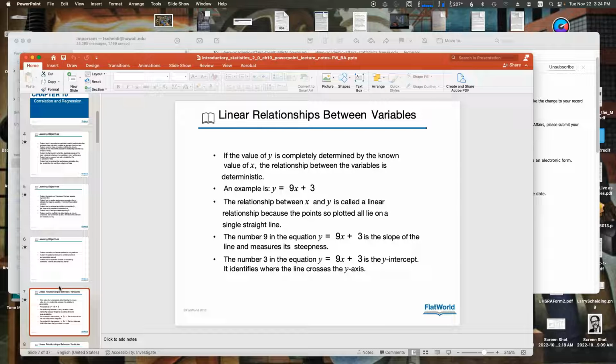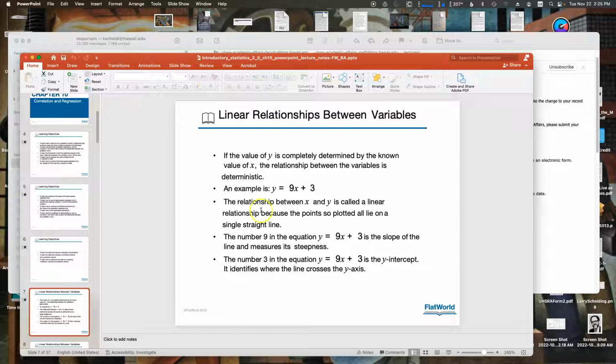Okay, so here we've got a linear relationship between the two that we've already stated here, that y equals 9x plus 3. So the idea here is that for every value of x that we have, you would be able to compute the y, right, with simple algebra.